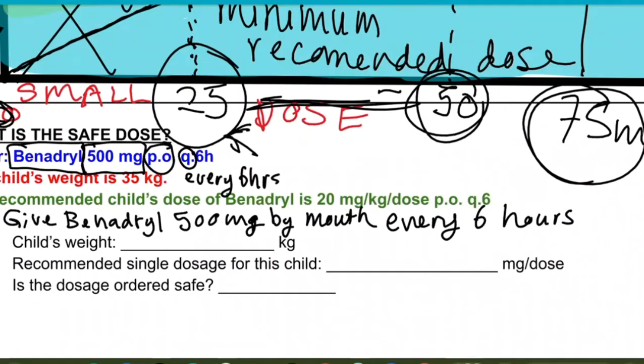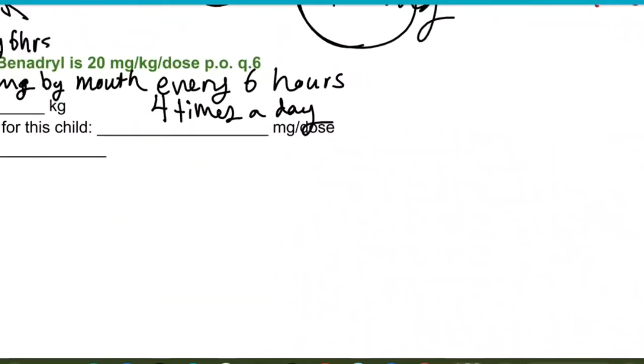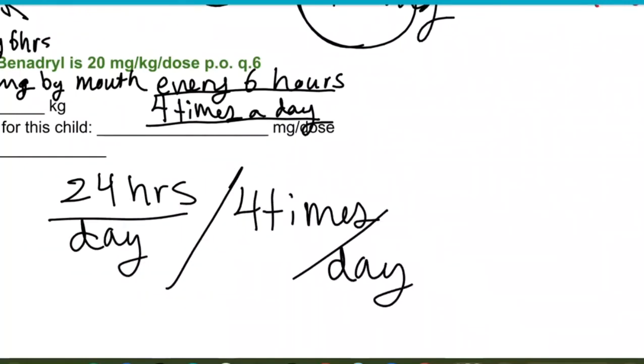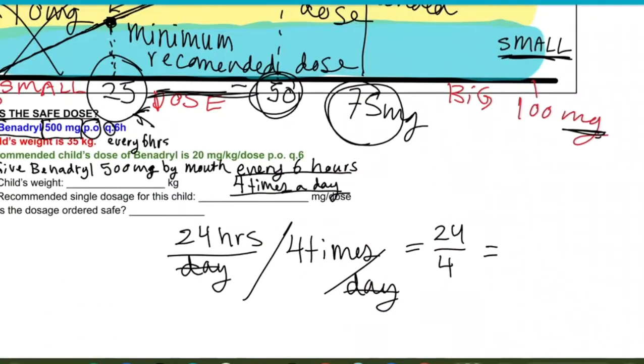And if we want to write that a different way, for 4 times a day. Okay, that was a blooper. I don't know how I'm going to cut this later, but we can write every 6 hours as 4 times a day as well, because if you take 24 hours and divide that by 4 times a day, days are going to cancel out, and you'll have 24 divided by 4 equals 6.